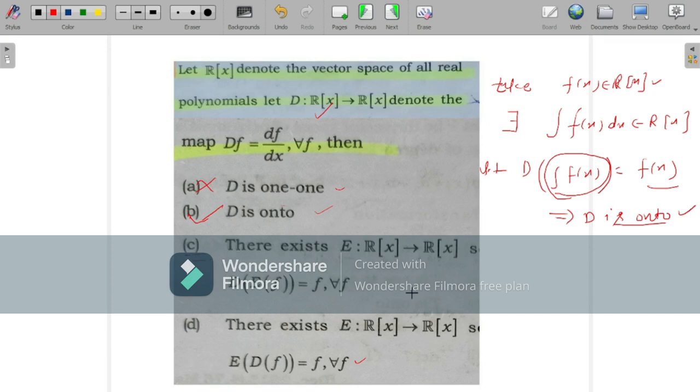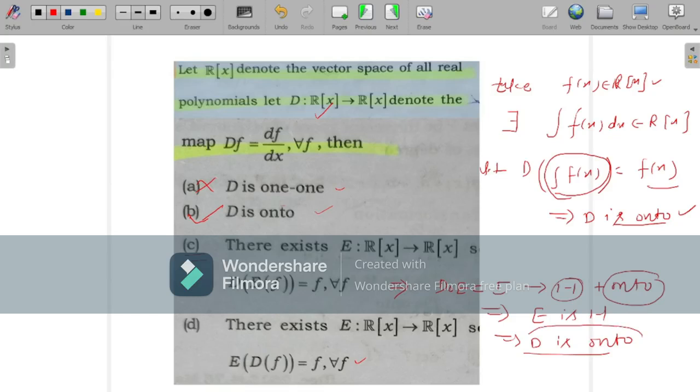See, for the third option C, there exists a map E from R of x to R of x such that D composition E of f equal to f for every f. This implies that D composition E is an identity map. See, the identity map is 1-1 plus onto. So D composition E is onto implies that D is onto.